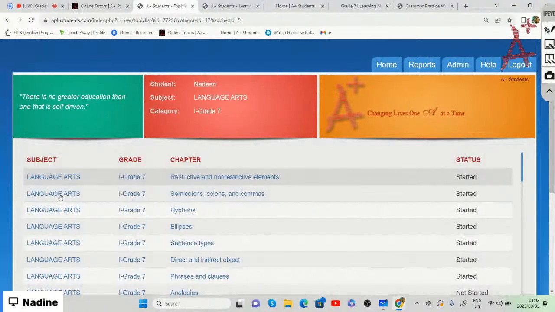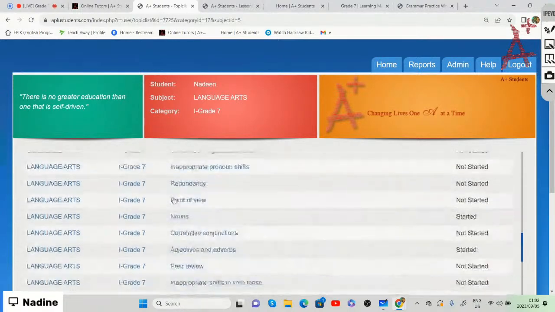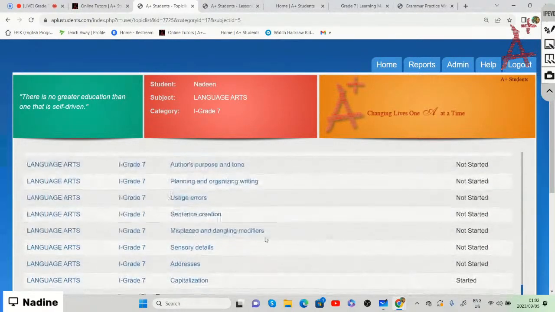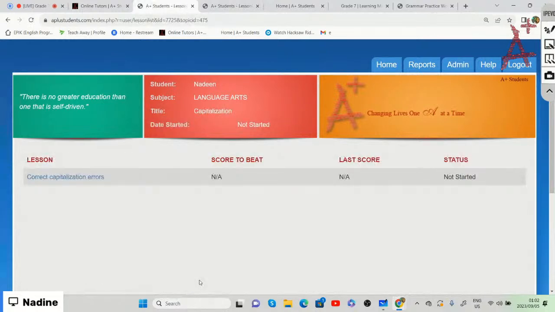All right, so once we have selected the subject of language arts, grade 7, we are going to scroll down the chapters up until we get to the chapter of capitalization.